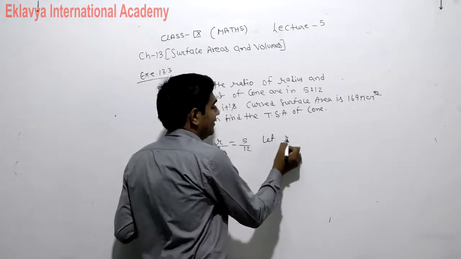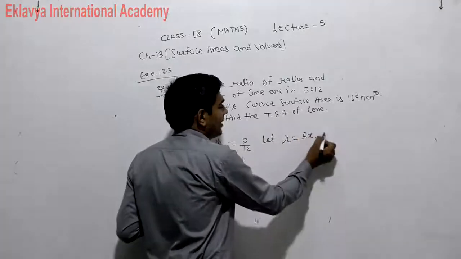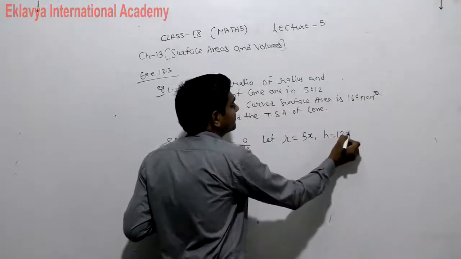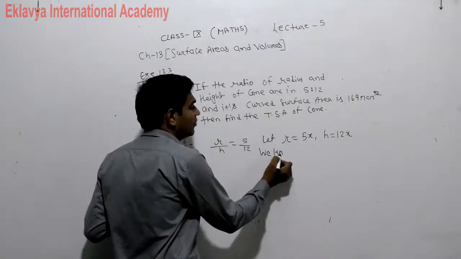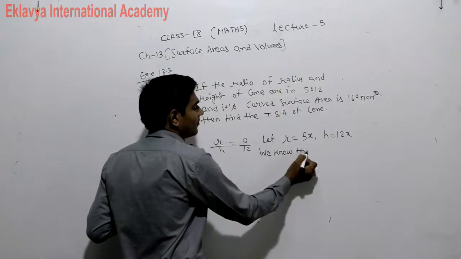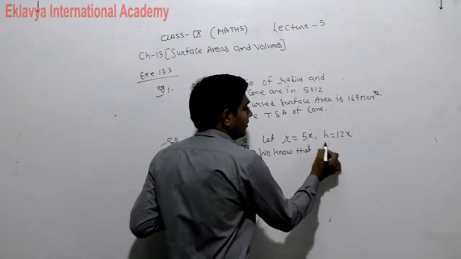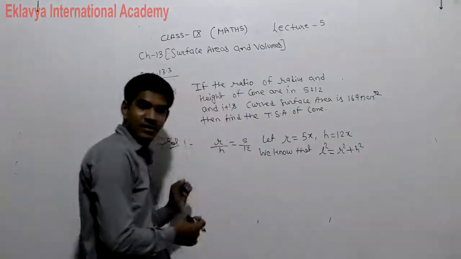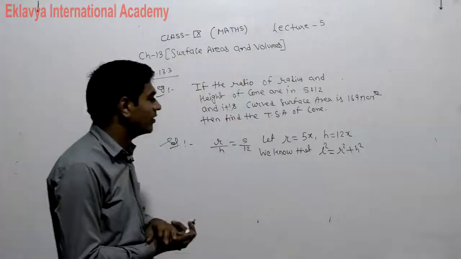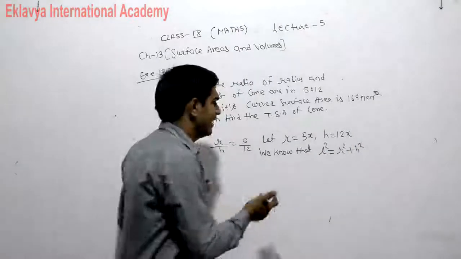So let the radius be 5x and the height be 12x. Then we know that l square is equal to r square plus h square. What will the square of the slant height be equal to? r square plus h square.